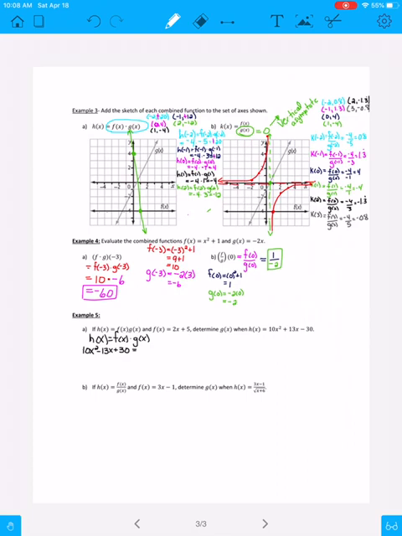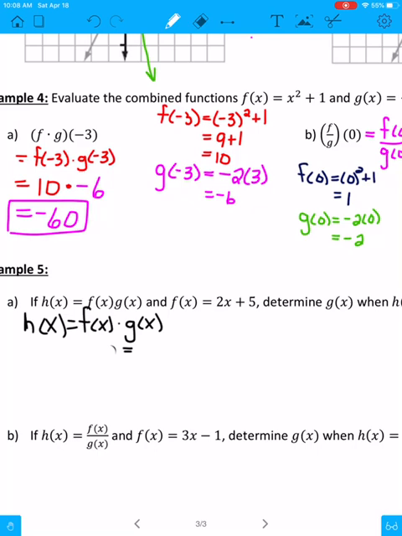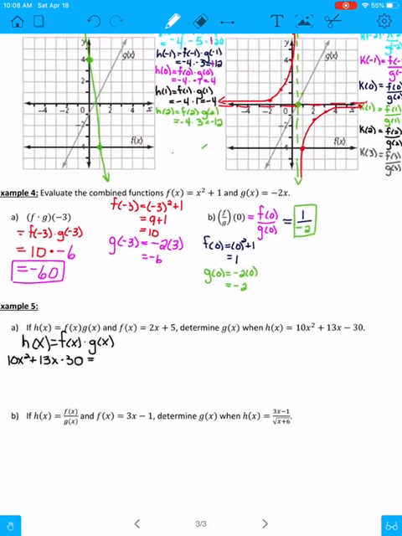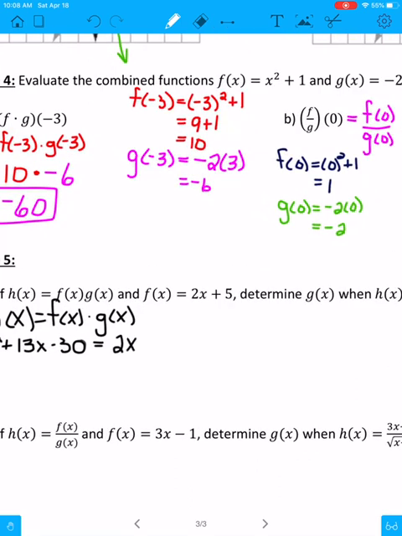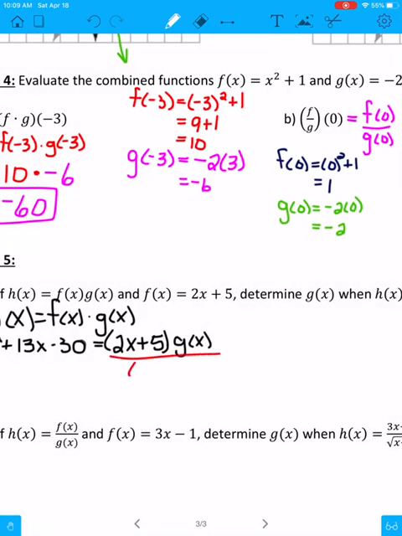Just going to make sure I wrote that down right. 10x squared plus 13x minus 30 equals f of x, which is 2x plus 5 times g of x. So the 2x plus 5 is being multiplied by the g of x. So if I want to get g of x by itself, I'm going to have to divide by the 2x plus 5.